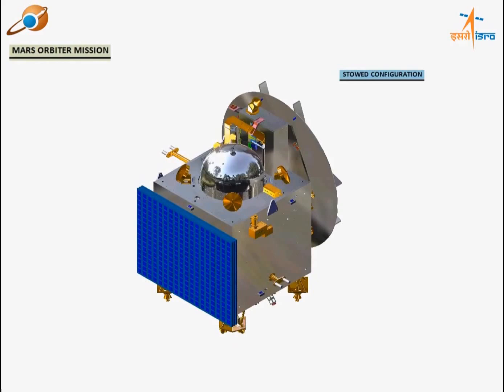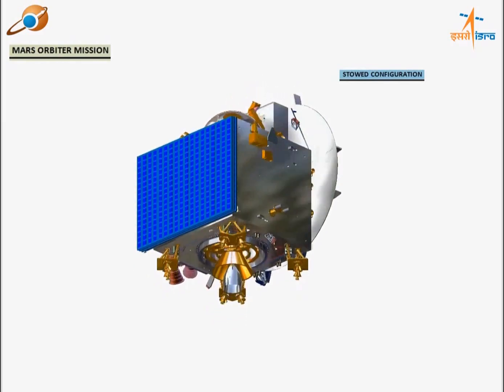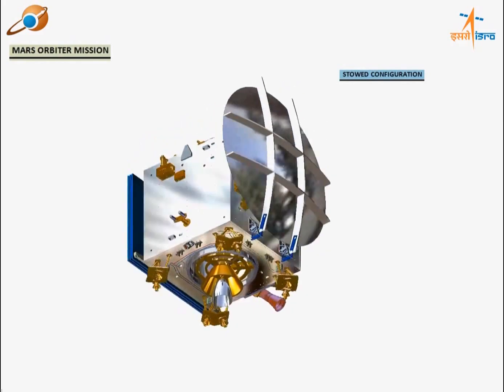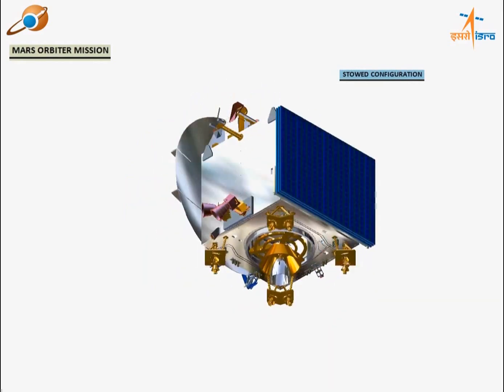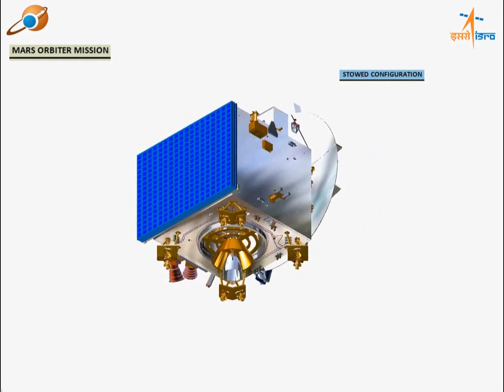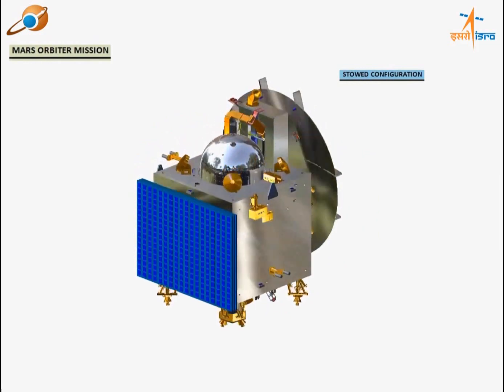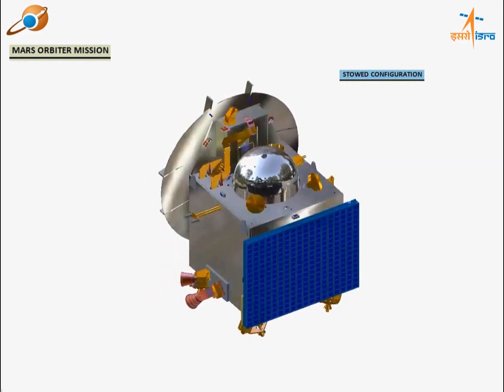This shows the stowed configuration of the Mars Orbiter mission. The lift-off mass of the spacecraft is 1340 kg and the propellant mass is 852 kg.